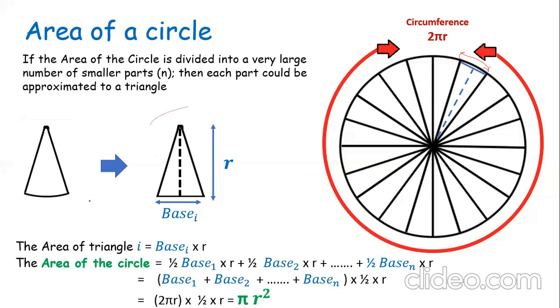And then we can conclude that the area of this small triangle will be equal to half multiplied by the length of the base i multiplied by r. I can take values 1, 2, 3, 4 to n, which is the number of parts we have divided the area of the circle by.